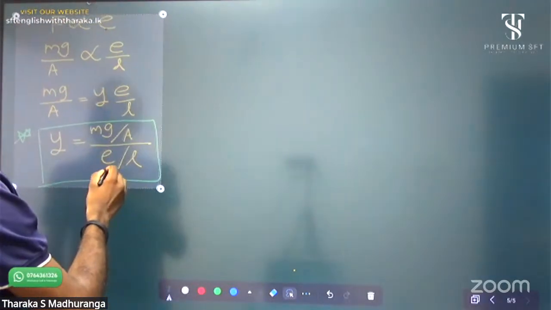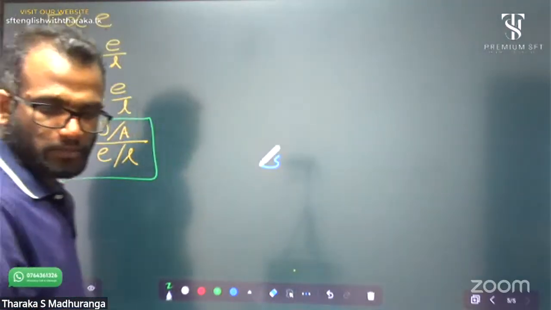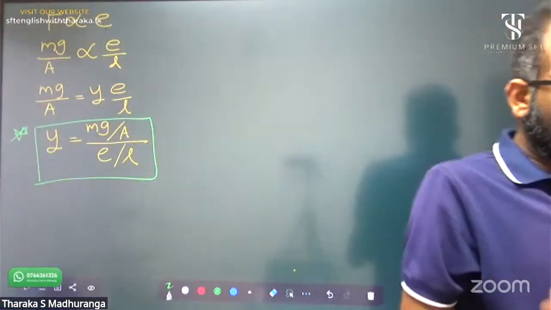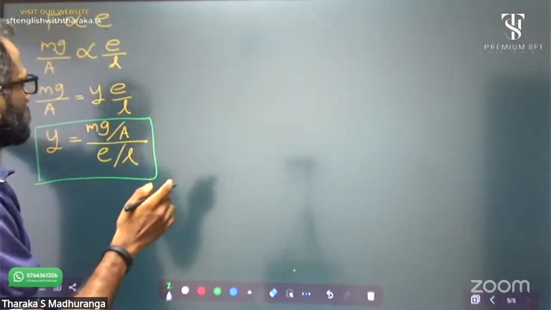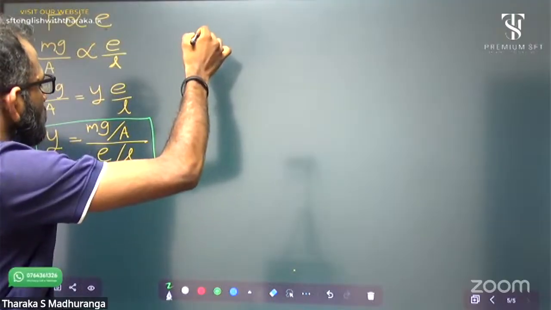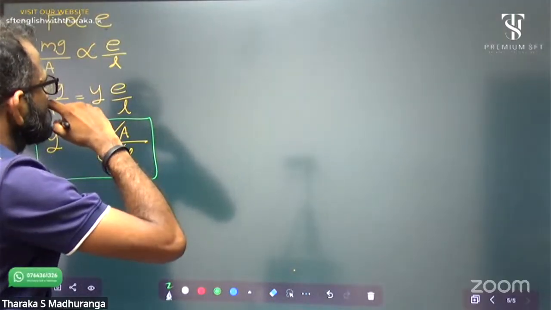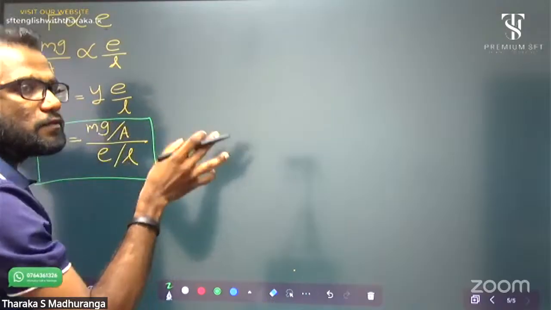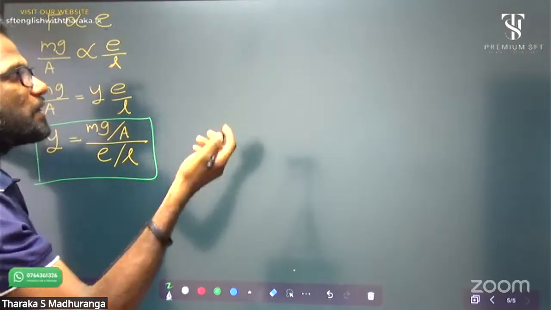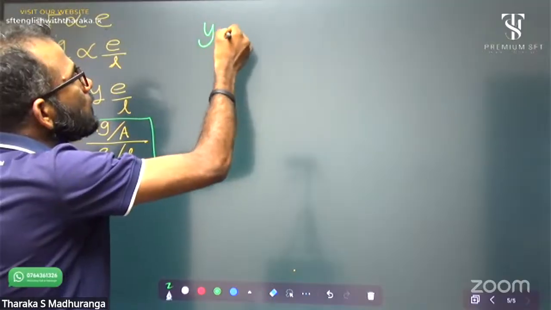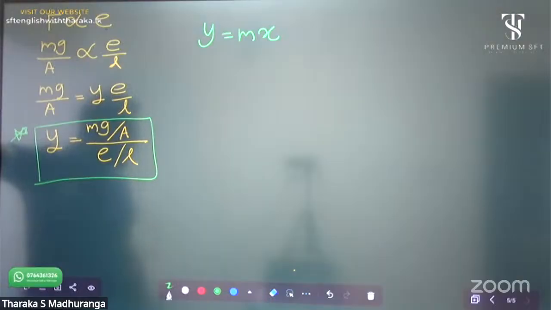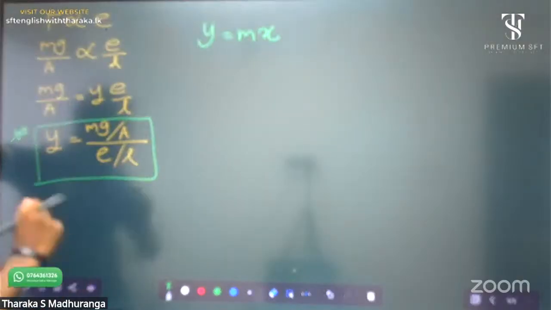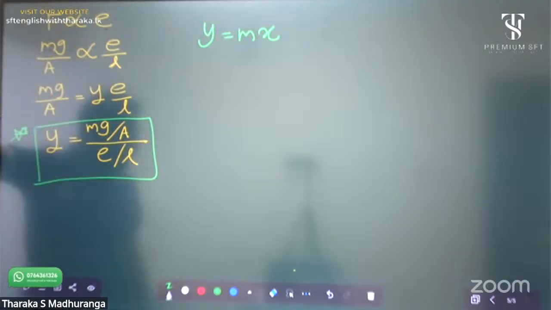But according to the experiment, look carefully, we got our equation y equals mx plus c from the graph. We got a straight line in the proportional limit. In the proportional limit, y equals mx.